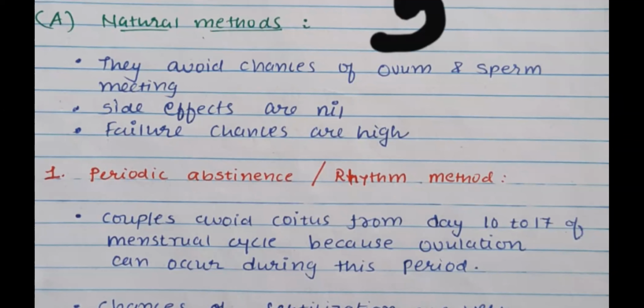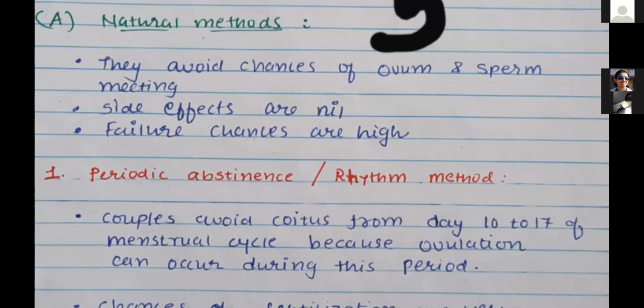Remember this first: they avoid the chances of ovum and sperm meeting. That is the principle they work on. It's a natural method, so their side effects are nil. But the chances of failure of these natural methods are very high.